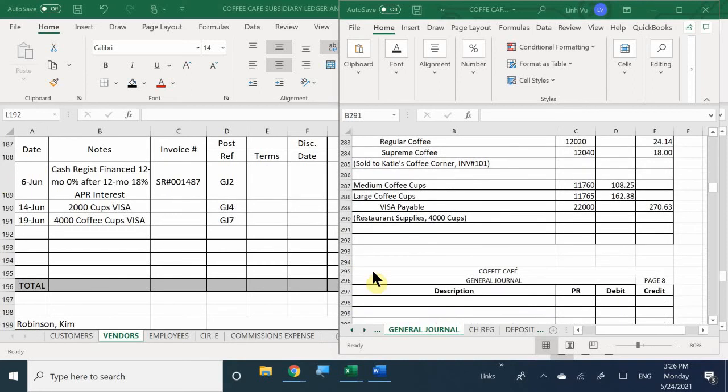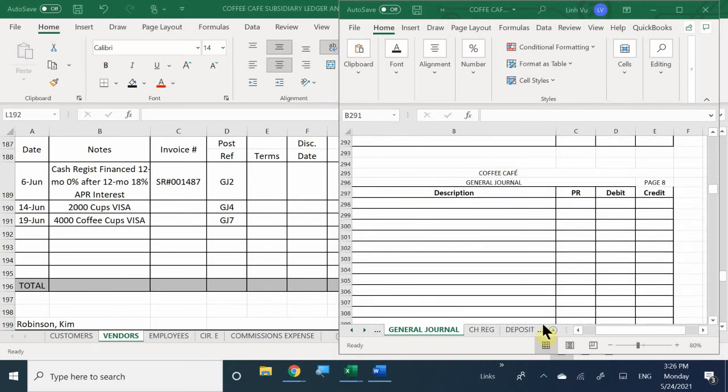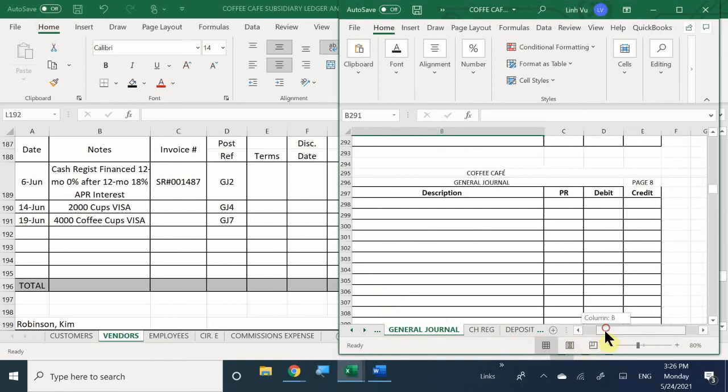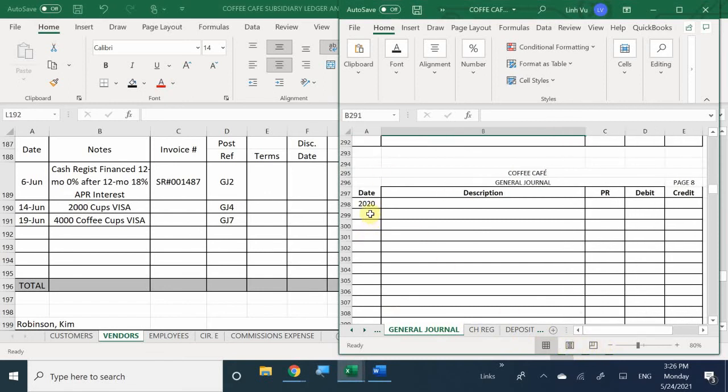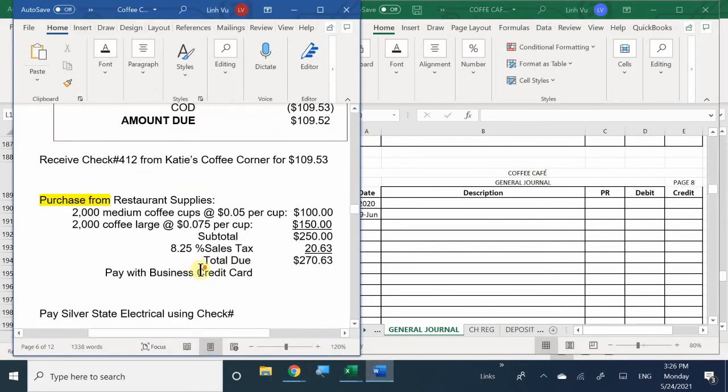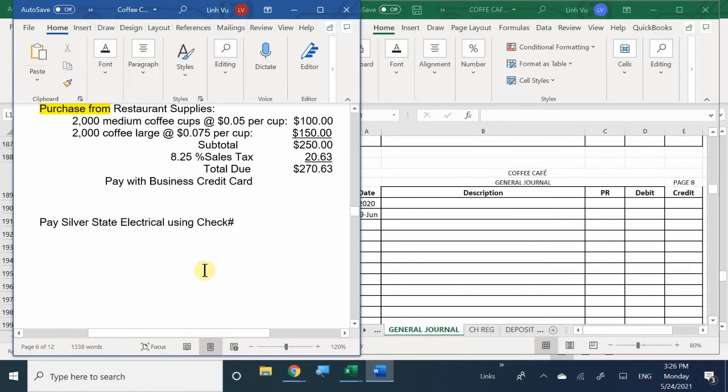So we can go directly to the next page, which is now page number 8. Okay, 6/19, because we're still on that day. So let's see what happened next.